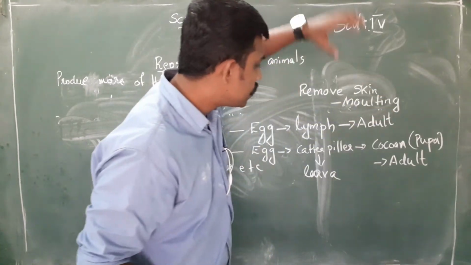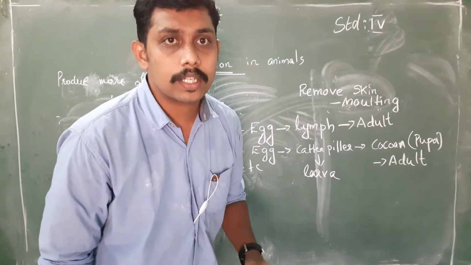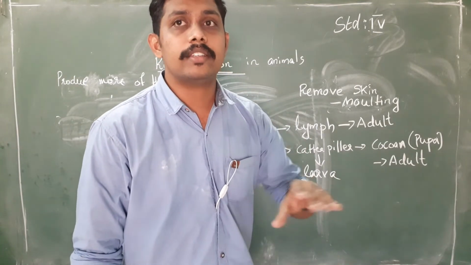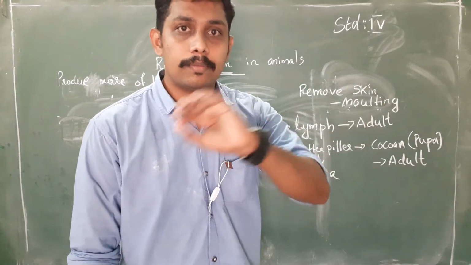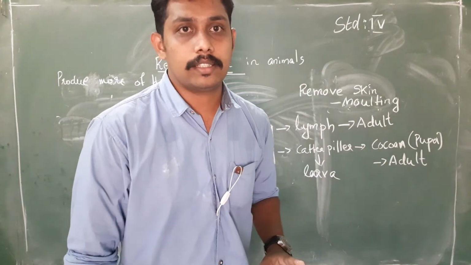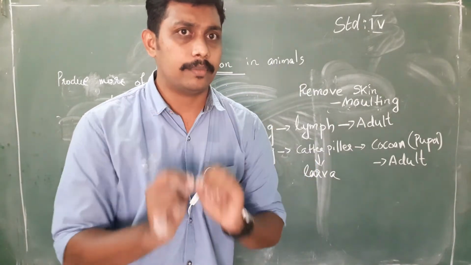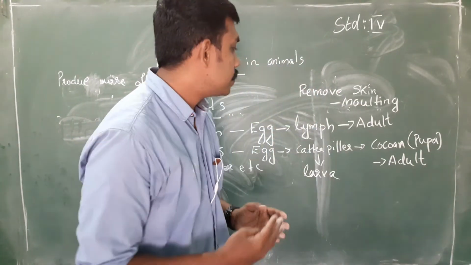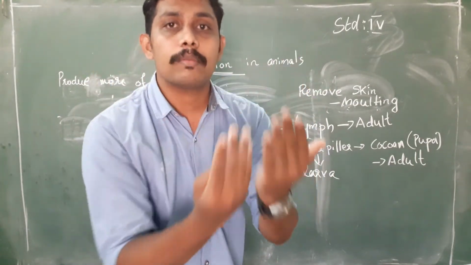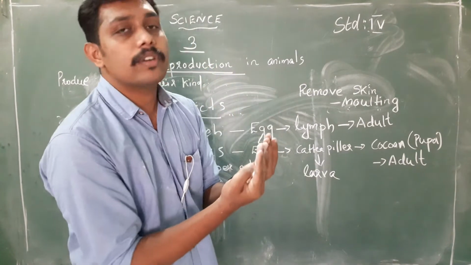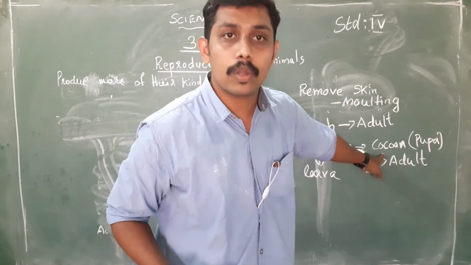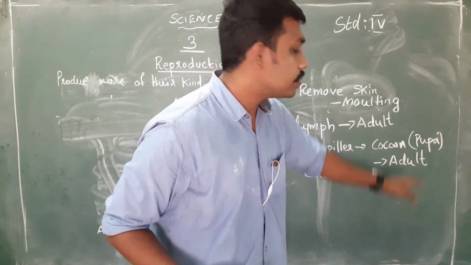Okay, so what does this caterpillar do? This caterpillar eats. What do they eat? The leaves and the parts of the plants. Okay, so after some time, it covers its body.